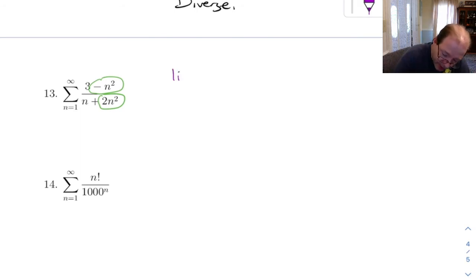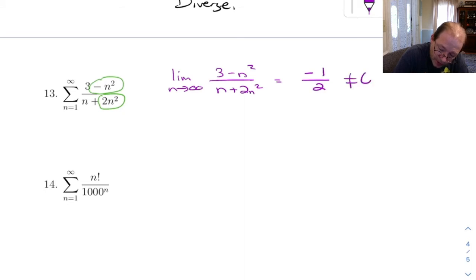So if you take the limit as n goes to infinity of our terms, notice what you're going to get. You're going to get negative 1 over 2. That's not 0, so that's going to diverge by the test for divergence.